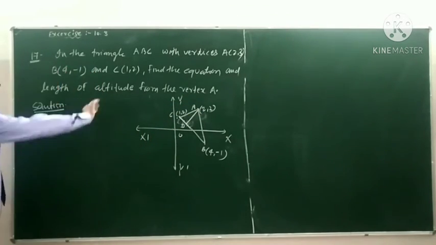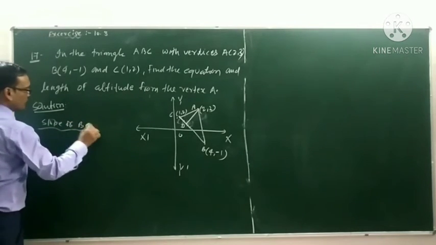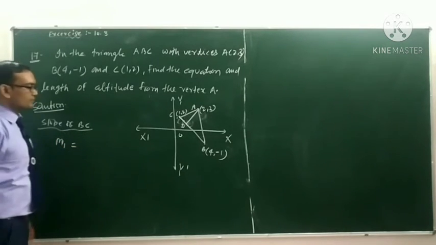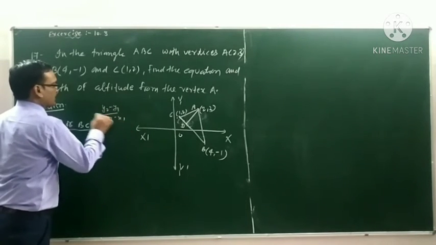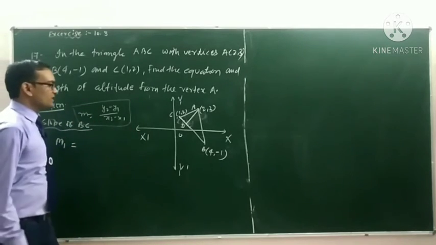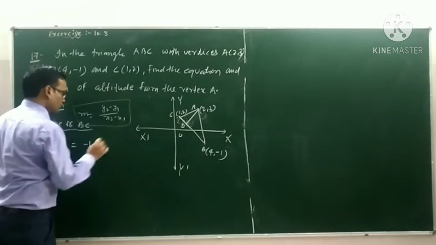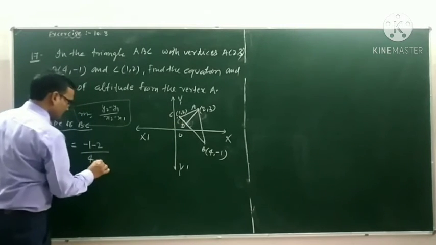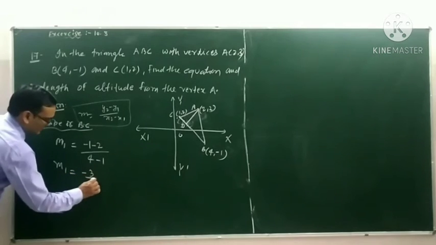Okay, students. Slope of BC. We find the slope of BC, m1 equal to, using the y2 minus y1 upon x2 minus x1 formula, minus 1 minus 2 upon 4 minus 1, m1 equal to minus 3 upon 3.